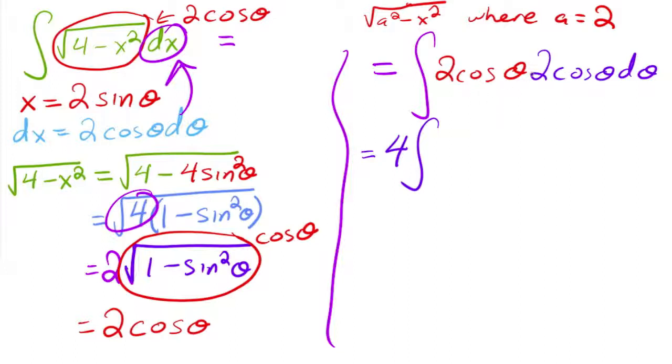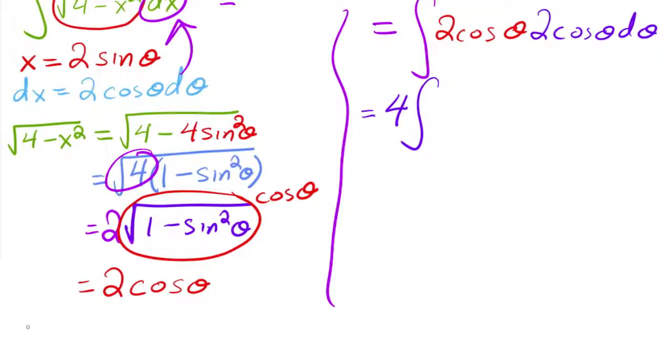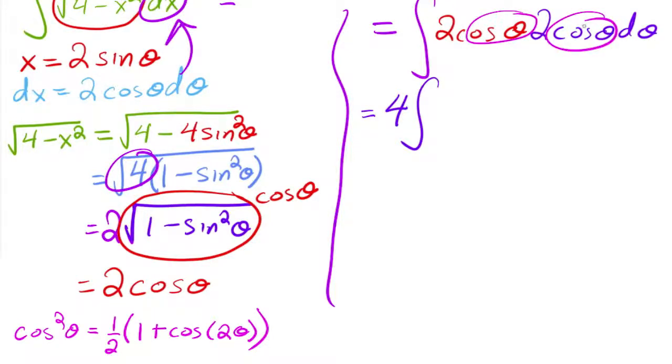To evaluate that, remember that cosine squared is equal to 1/2 times 1 plus cosine of 2 theta. That's a trig identity that you should know. So I'm going to replace cosine squared with this. This is going to be 4, and I'm going to put the 1/2 on the outside, so this is the integral of 1 plus cosine of 2 theta d theta.